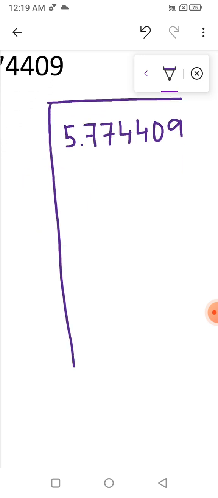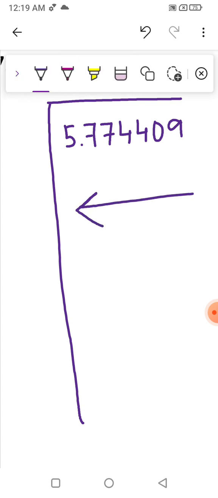Let's copy the number as it is, 5.774409. Make the format look like this. Now begin from the right, move towards the left and start making pairs of the numbers.